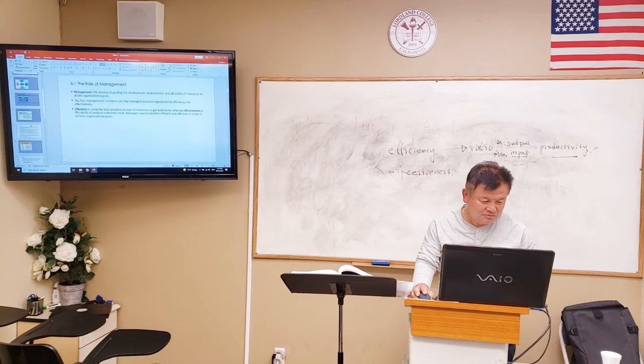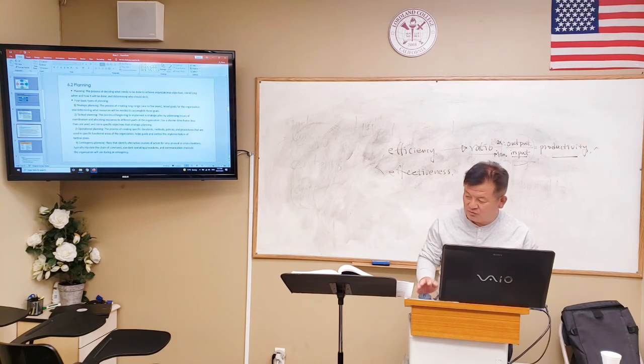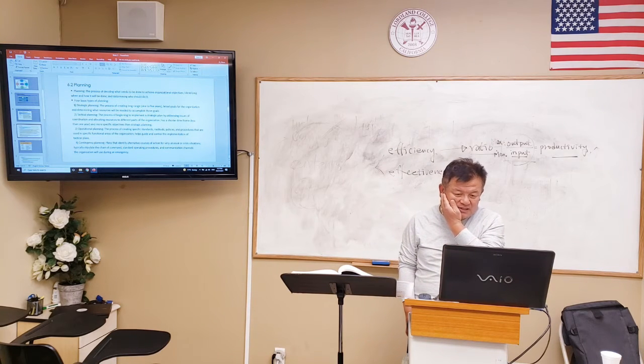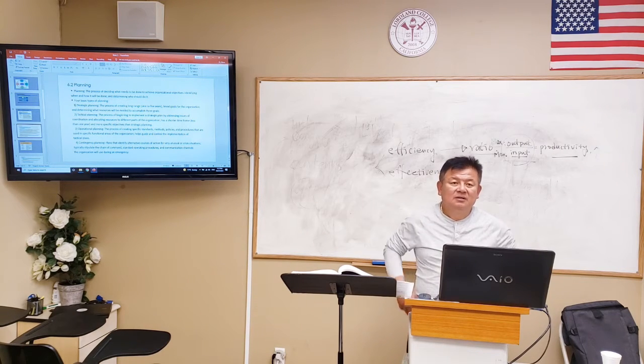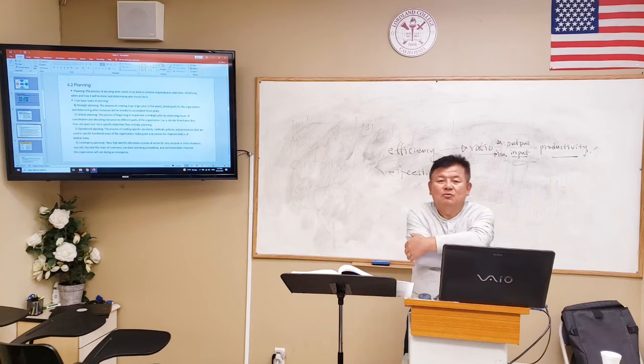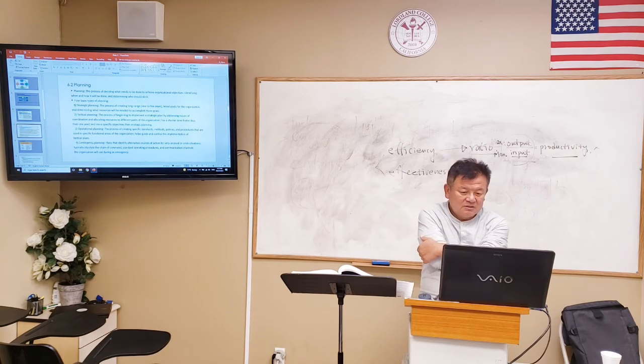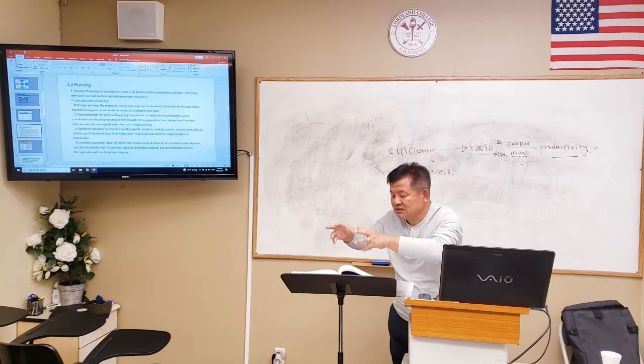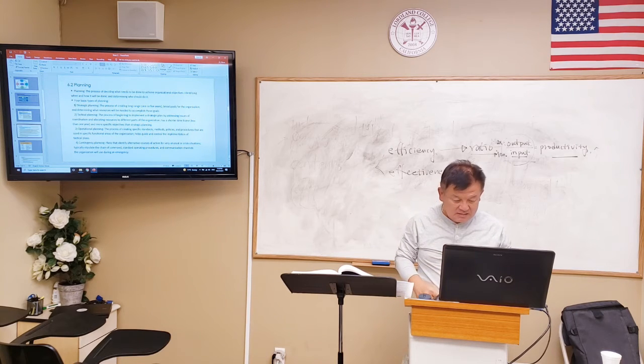Okay, let's move to Chapter 6.2, business management concepts one by one. First, planning. Planning means the process of deciding what needs to be done to achieve organizational objectives. Also, identifying when and how it will be done, time and method. Also, determining who should do it and allocating the resources and people. This is planning.